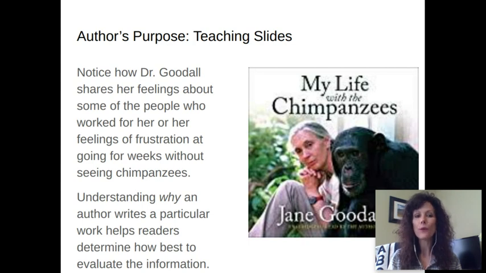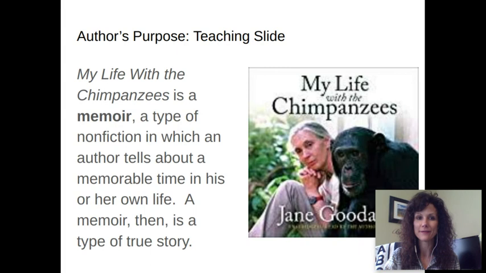Now, understanding why an author writes a particular work helps readers determine how best to evaluate that information that she shared, those details. If we know the author's purpose, it'll help us understand those details better. My Life with the Chimpanzees is a memoir. That's a type of nonfiction writing in which an author tells about a memorable time in his or her own life.